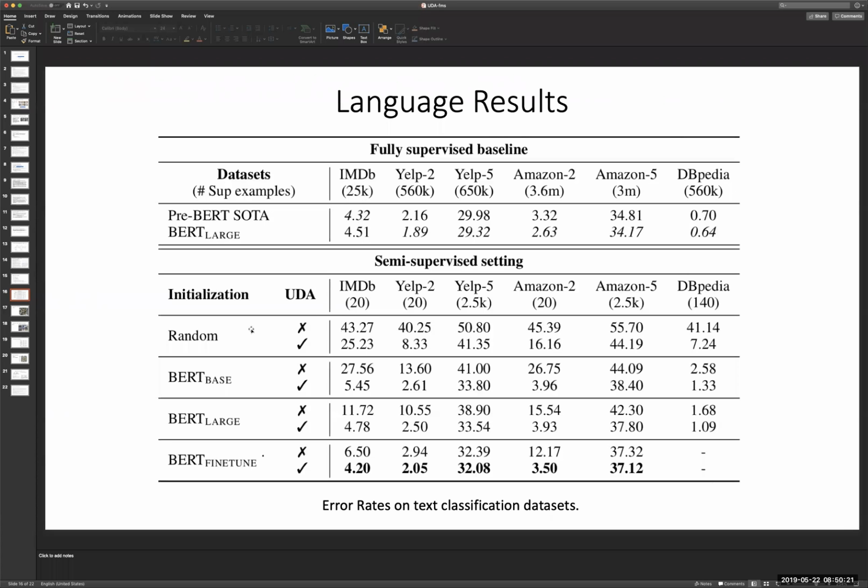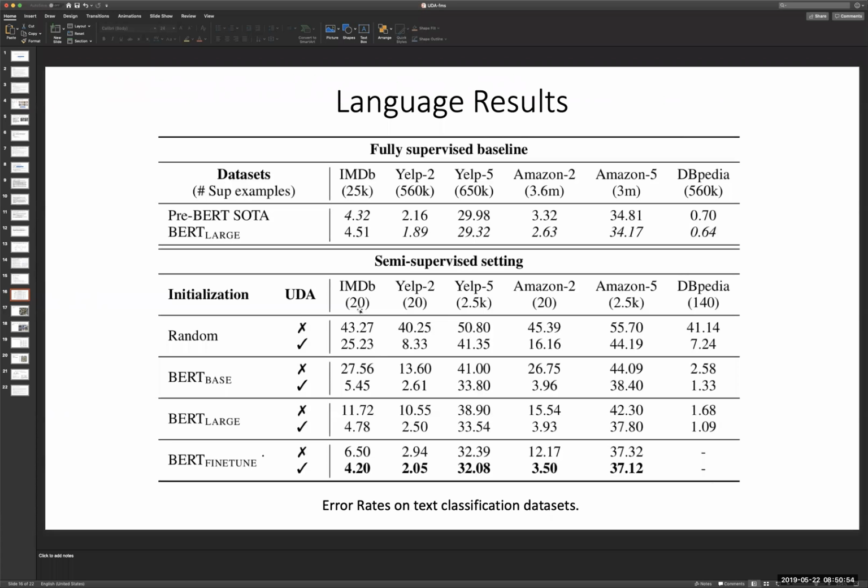So what we can see is, well, there are different versions of BERT. Random is not so good. I mean, it's basically not initializing. But BERT base, I've talked about that. That's the 110 million parameter version. And BERT large is the 340 million, I believe, parameter version. And then BERT fine-tuned is BERT large that's been fine-tuned to the specific data set.